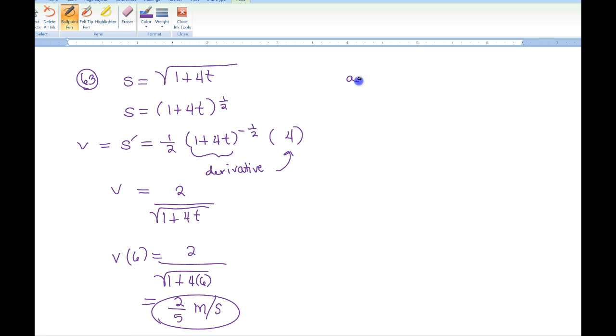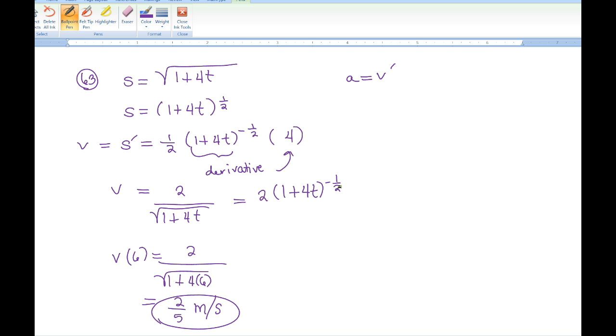And then acceleration is going to be the derivative of velocity, which is this. So I'm going to rewrite this as 1 plus 4t to the negative 1/2 power. If you wanted to, you could do quotient rule, but I prefer to apply the power rule and chain rule.